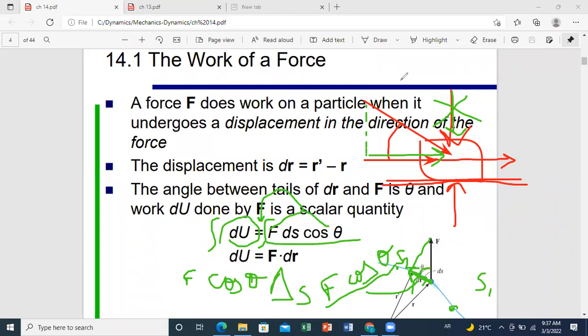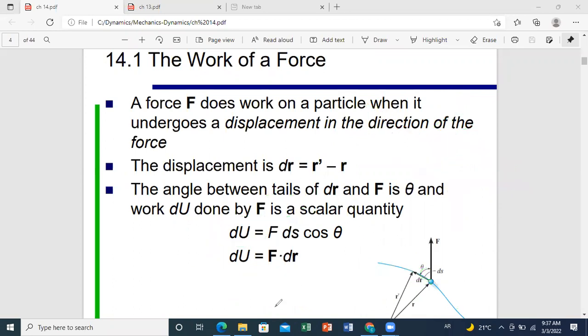Okay? Now, the dot product definition is in agreement with the work. Why?